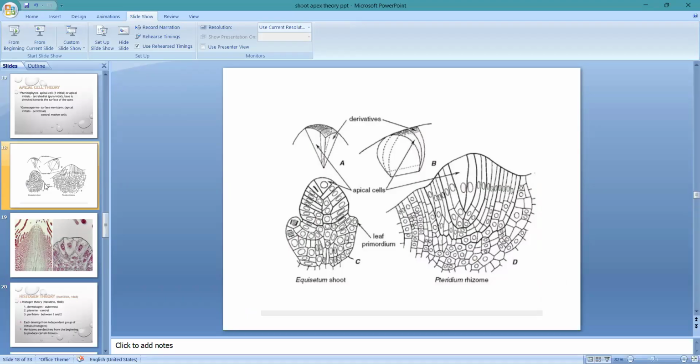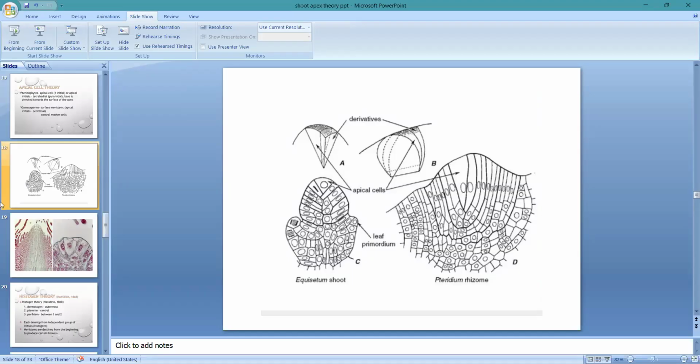Remember that it is not applicable to the shoot apices of seed plants, as recent investigations showed. The apical cell of pteridophytes is usually four-sided with three cutting faces, but in some taxa only three-sided with two cutting faces. That is the apical cell theory.